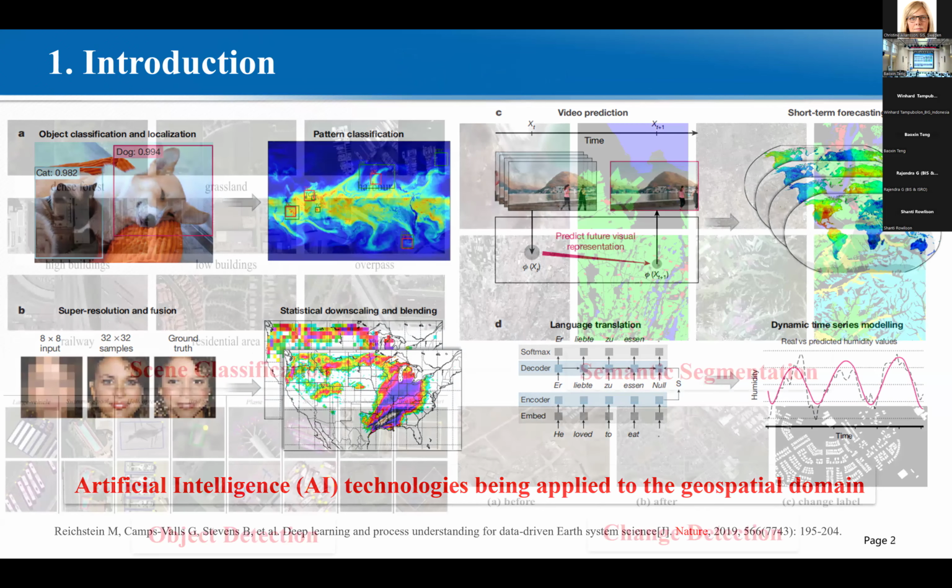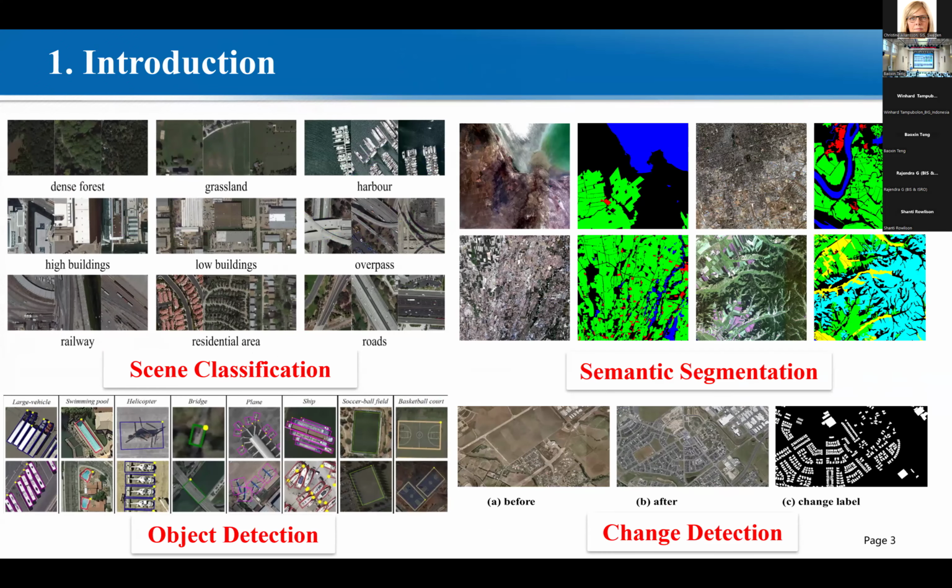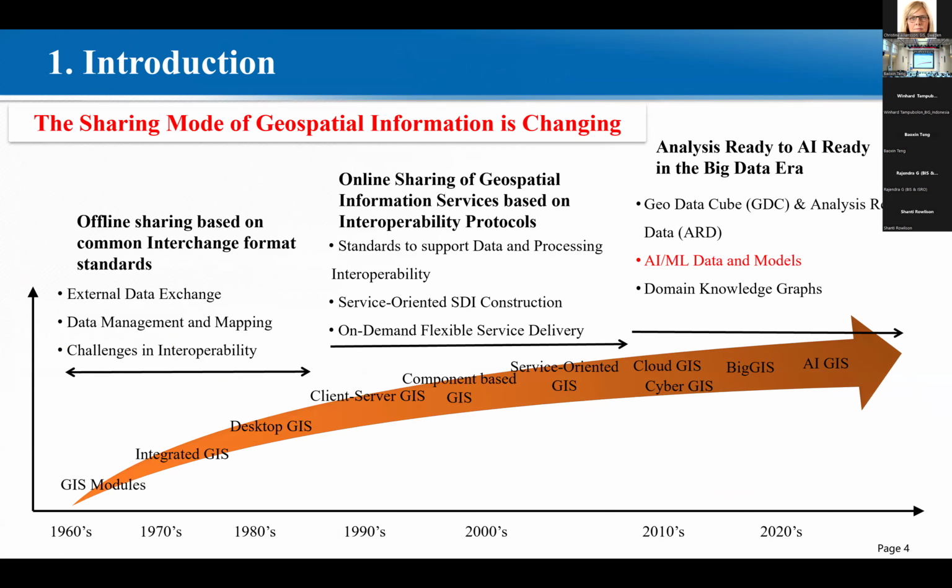And we also have some similar tasks in the geospatial domain. I'd like to say that the sharing mode of geoinformation is changing. In the past, we used offline sharing, and we shared data, assets, and other services in common interchange format standards.